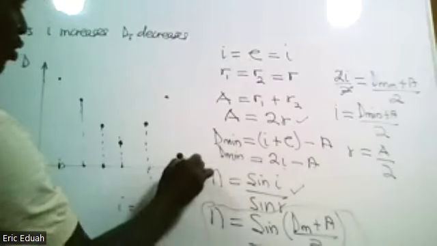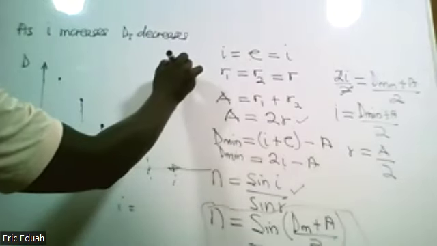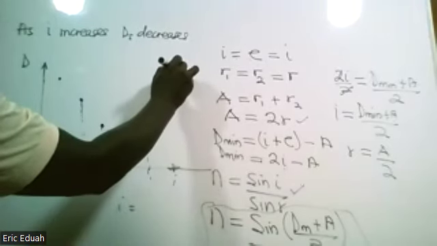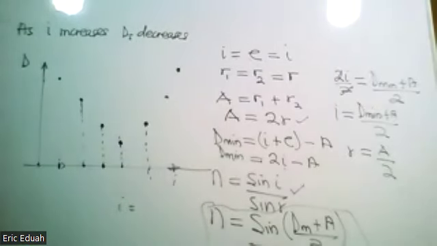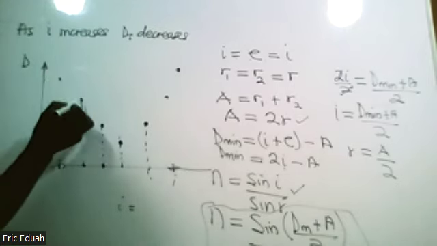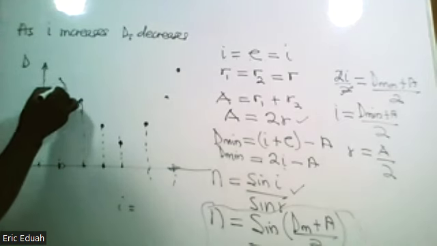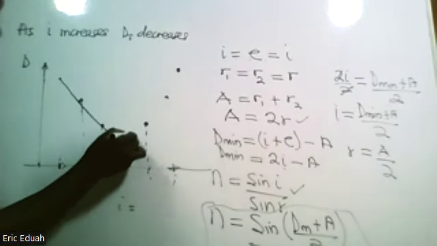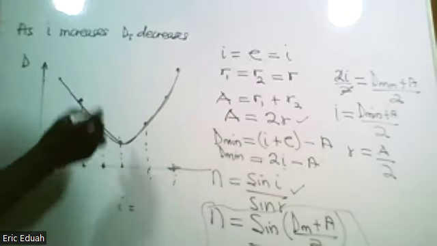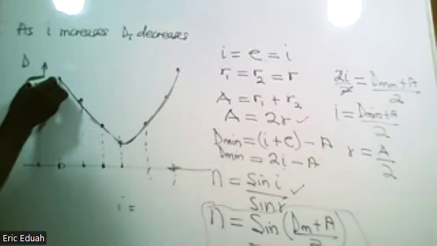As i continues to increase, the deviation is increasing. So when you join these points, you have a graph which looks like this. You have a curve.